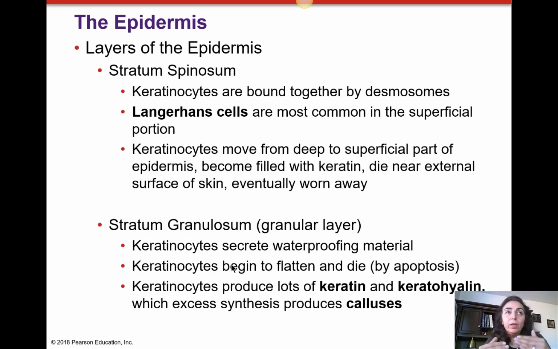So at the end, they lose all the organelles. By the time they get to the stratum lucidum, all the organelles have gone, and you just have a shadow of the cells filled with keratin. At that point, the cells have died.